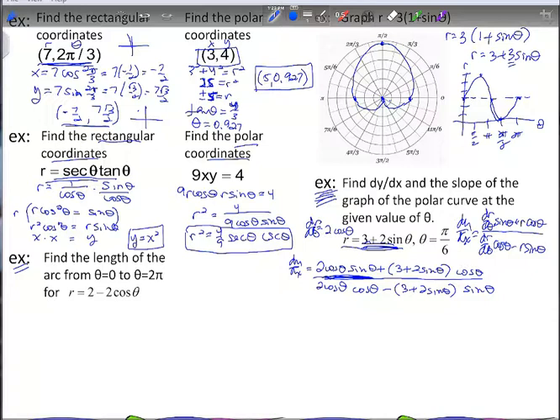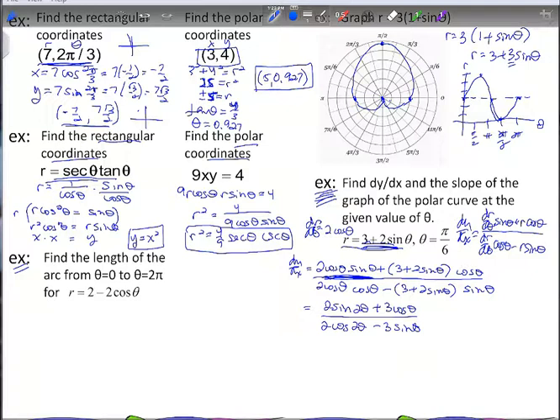Just for fun, this is what you would get if you simplified that, which again, you don't have to. You would get 2 sine 2 theta plus 3 cosine in the numerator. In the denominator, you would get 2 cosine 2 theta, oh, double angle for cosine, minus 3 sine theta.